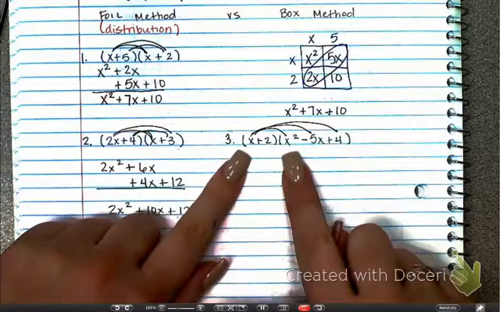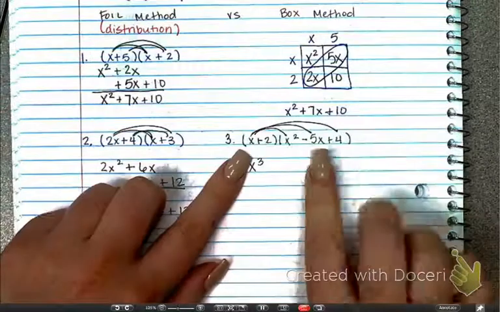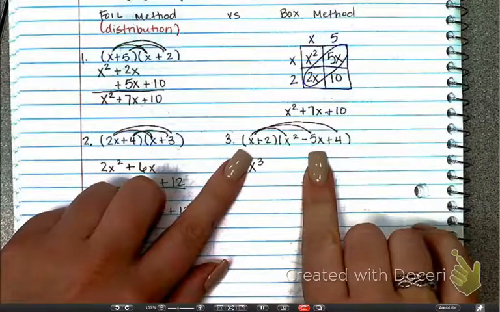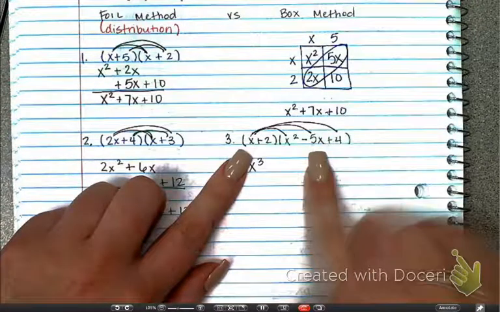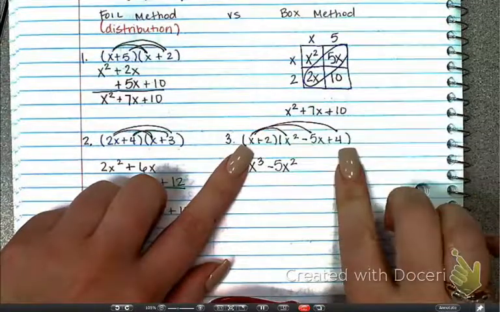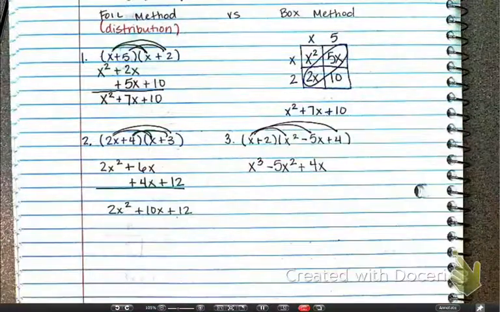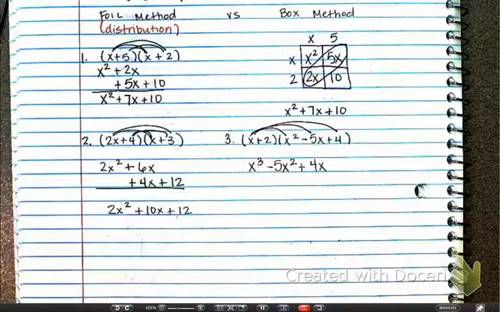So x times x squared, x to the third, x times negative 5x, negative 5x squared, and x times 4, 4x. So that is the x multiplied by everything in the second set of parentheses.